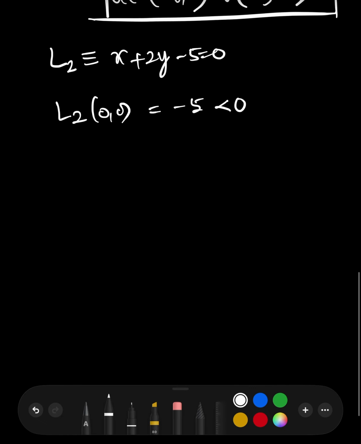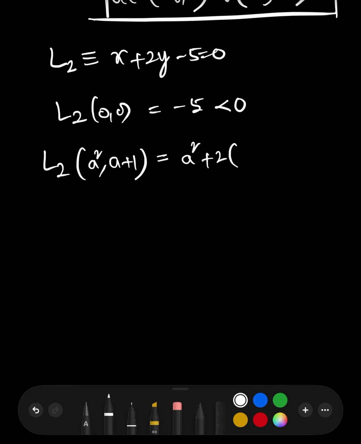So for the point (a square, a plus 1), we get a square plus 2 times (a plus 1) minus 5, which is also less than 0. So clearly a square plus 2a minus 3 is less than 0.